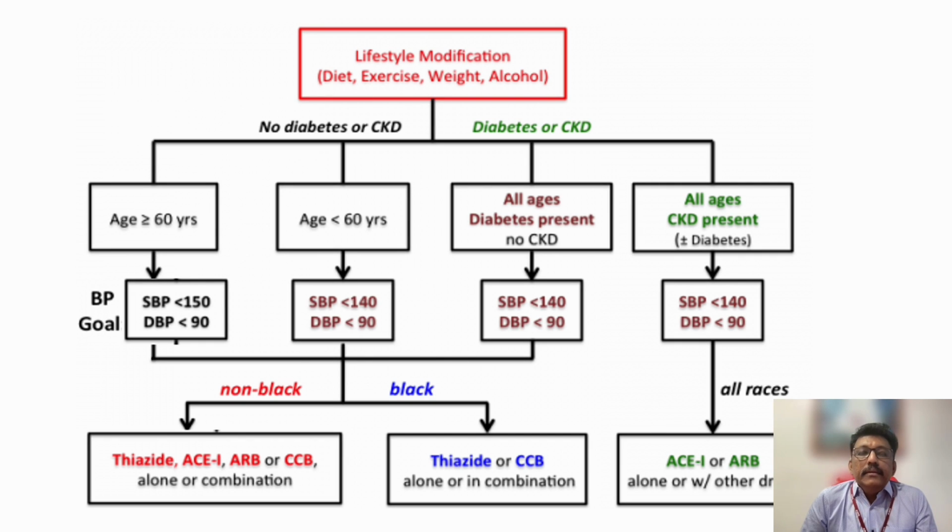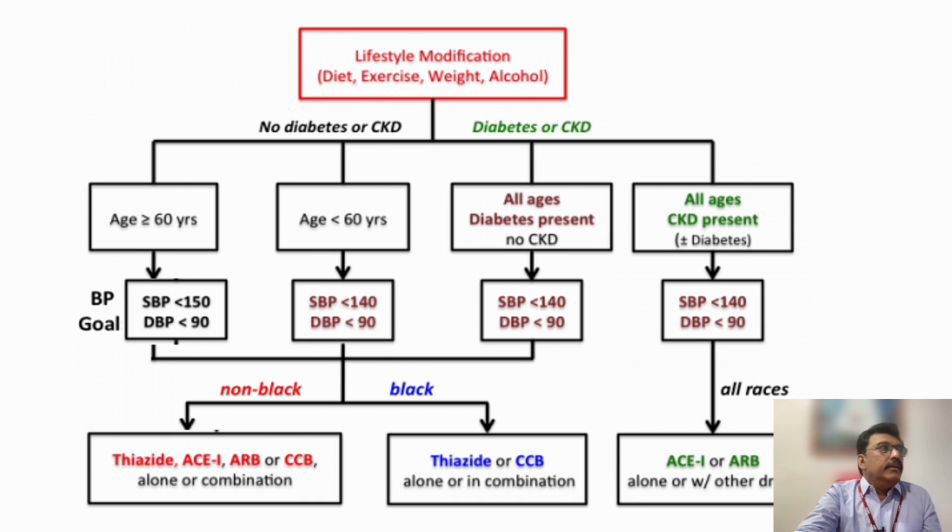If the patient is having diabetes and diabetic nephropathy, proteinuria, ACE inhibitors and ARBs are the better choice than the other two drugs. So we can start ACE inhibitors or ARB in a patient who has proteinuria. That will be the first choice. If due to any reason we are not able to give that drug, then calcium channel blocker will be the second choice. If the patient is having very mild BP, then diuretic will be the choice of drug.